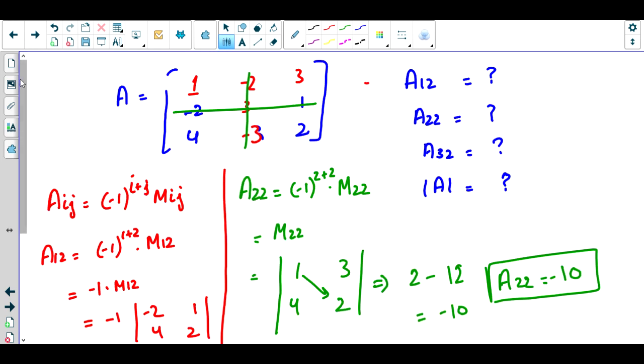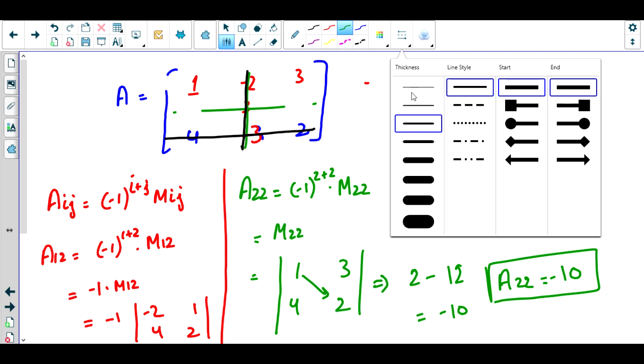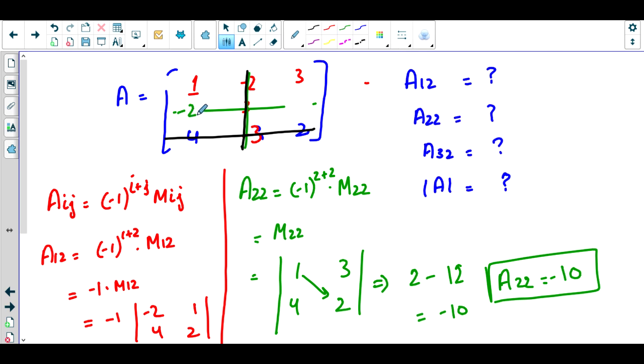When we want to find M32, it means we have to delete the third row and the second column. Third row and the second column. We have here -2 and we have here 1. So we remove this one, third row and second column, we are left with 1, 3, -2 and 1.